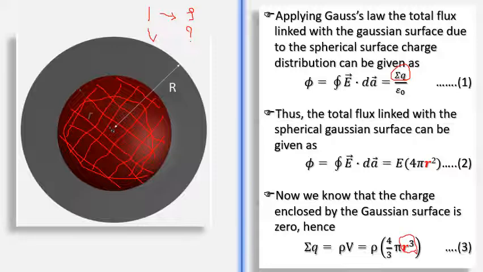We are considering all the charges inside and outside, but according to Gauss's law we need to consider charges only inside the Gaussian surface, so be careful here. What is left now? We'll use result 3 and result 4 in equation 1 and simplify.